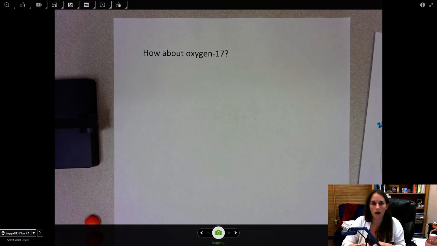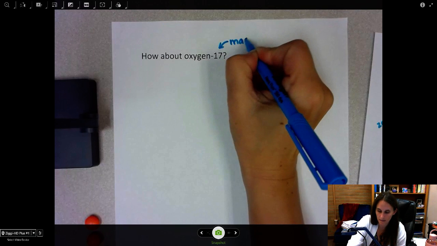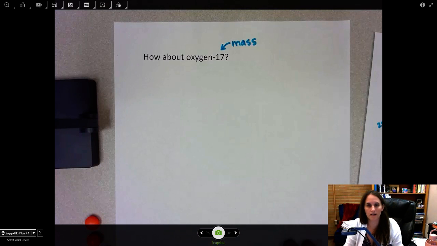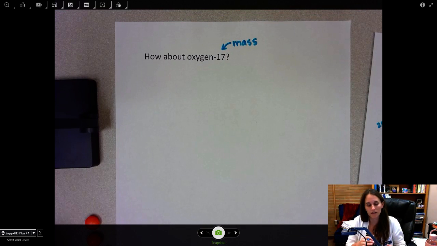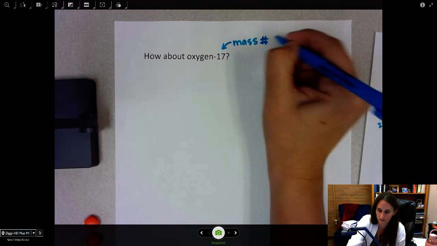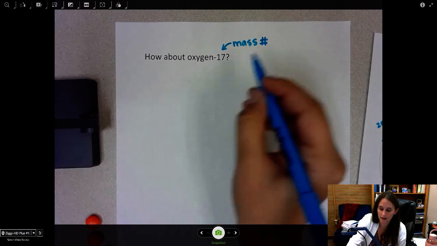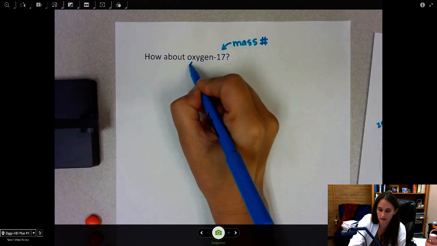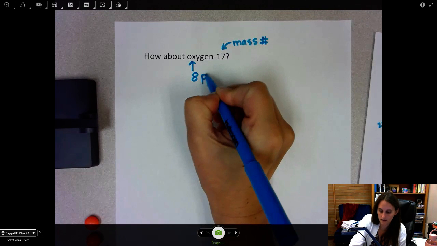So, oxygen 17, this is the mass number of this particular isotope of oxygen. There are different isotopes of oxygen. Oxygen atoms come in a slightly different form, heavier or lighter. So this is that mass number. When I look at the periodic table, though, I see that oxygen has 8 protons.